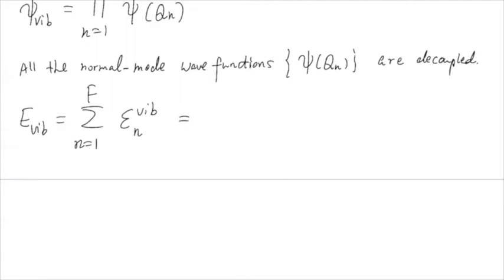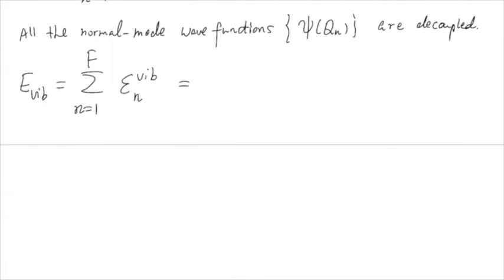Capital Qn is actually a linear combination of all the dimensions, right? So capital Qn characterizes the motion of all the atoms. A normal mode coordinate characterizes the motion of all the atoms in the molecule. But mathematically, formally speaking, it is equivalent to the one-dimensional harmonic oscillator.